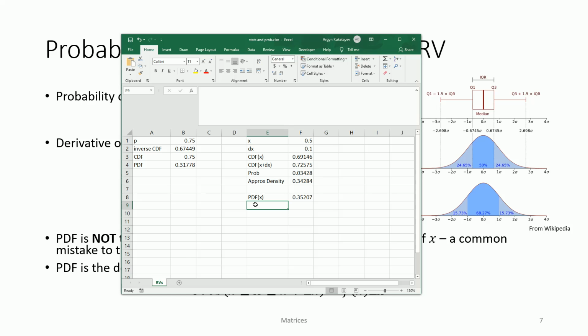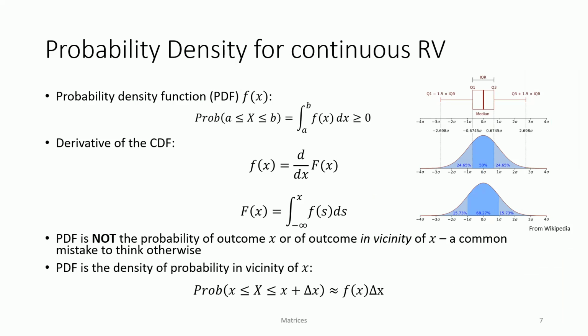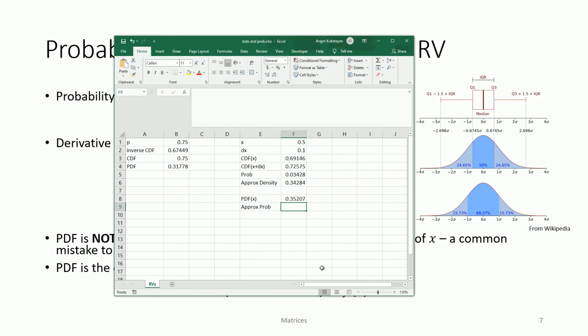Now let's calculate approximate probability, according to this formula: density multiplied by the width of the area. So our exact density is here, and we will multiply it by dx. Again, we are comparing 0.0352 to the exact probability 0.34. So it's close, but it's not exact. So why don't we now estimate the error?